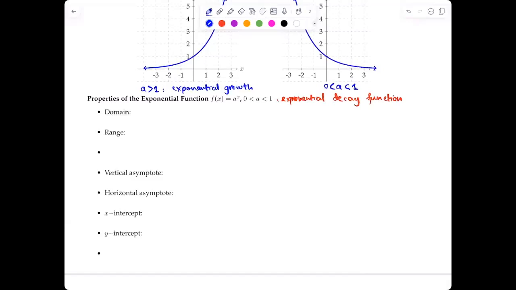And the domain is going to be the same. That's going from negative infinity to positive infinity. The range depends on the function, but in this case, the range is from 0 to positive infinity, but do not include 0.